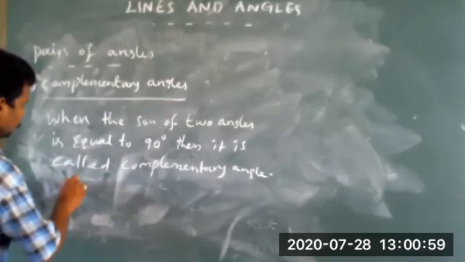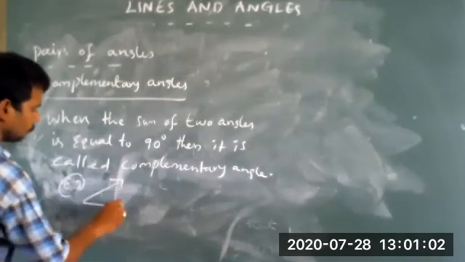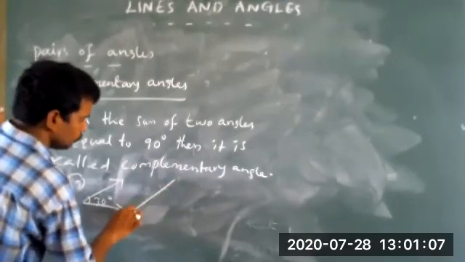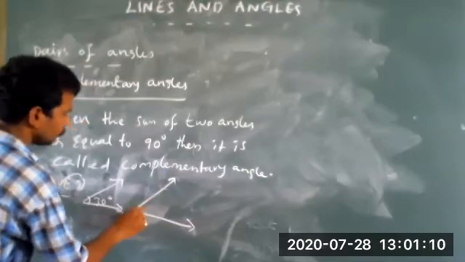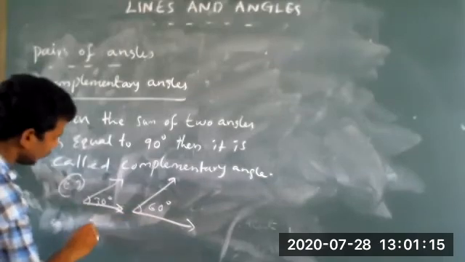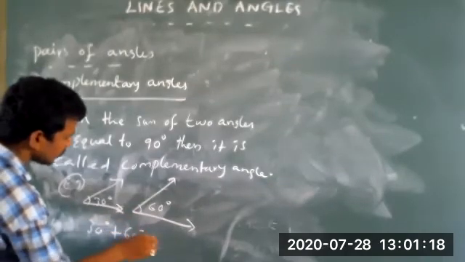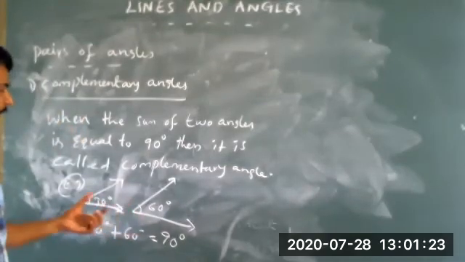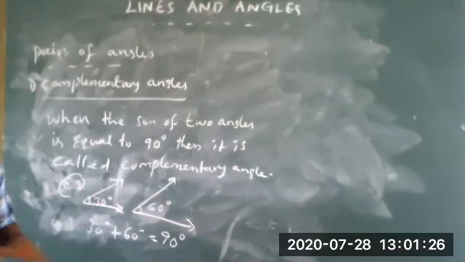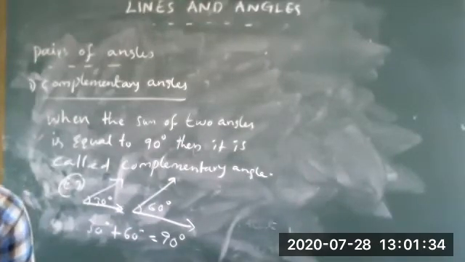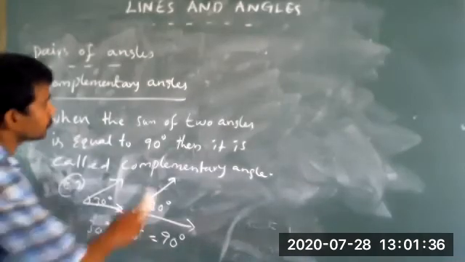For example, this angle is 30 degrees, and this angle is 60 degrees. The sum of these two angles, 30 degrees plus 60 degrees, equals how much, children? 90 degrees. So we say these two angles are complementary angles. Clear? Now we are going to learn about Exercise 2.